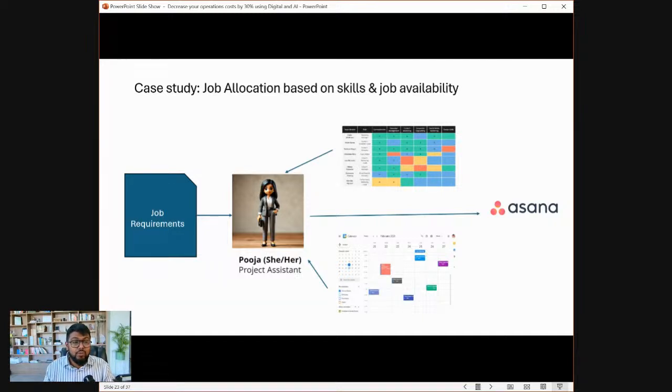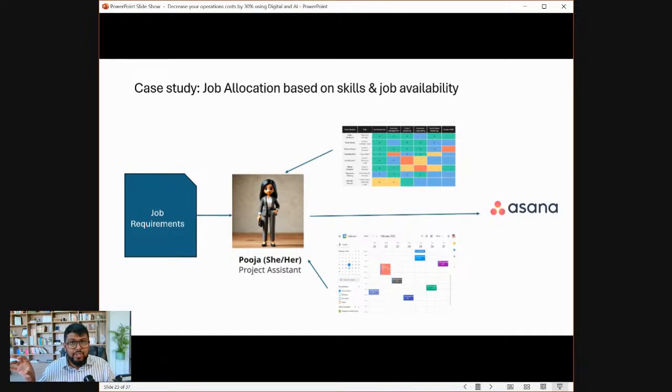What we did here was train Pooja to have access to a skills map of the organization, which clearly tells us who the people are, what skills they have, what their primary skills are, what their secondary skills are, and what their soft skills are. Pooja also has access to everyone's calendar. So when a new job comes in, Pooja looks at it and says, okay, this job requires 5 skills.